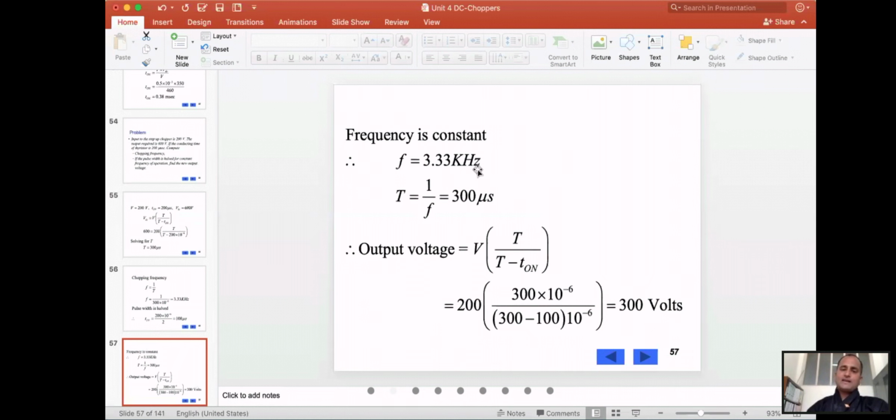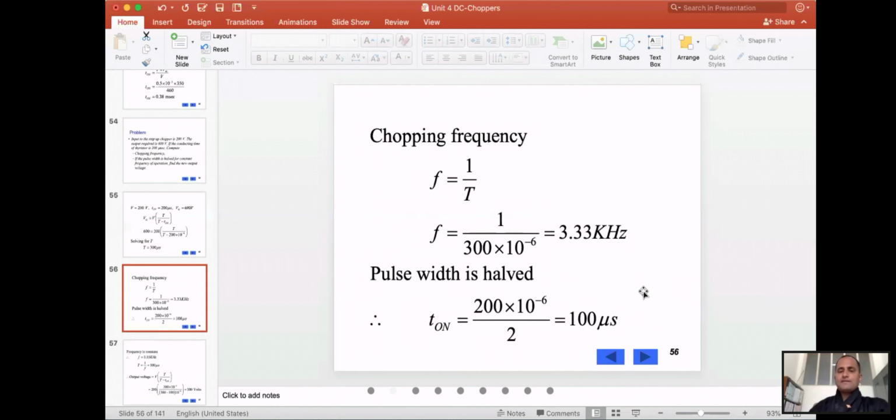The frequency remains constant, so the total time period T remains constant. The only difference is that the T on time is half of the initial case. So if T on is halved, the output voltage is only 300 volt.